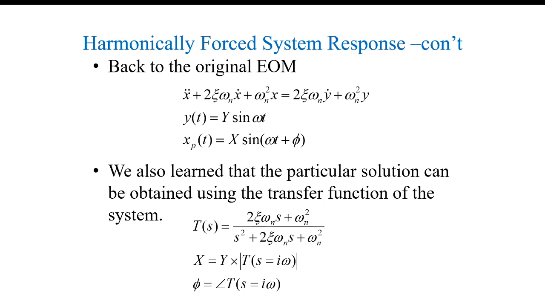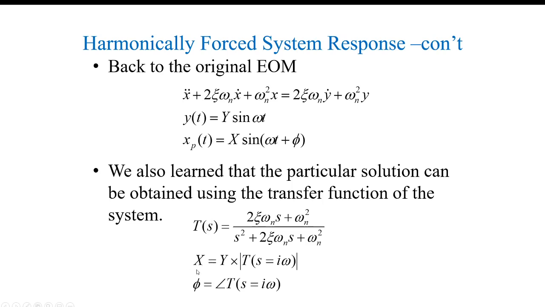Now we have a transfer function where the numerator is the right hand side of the equation and the denominator is the left hand side of the equation after the Laplace transform has been taken. So T of s is X of s divided by Y of s, the output over input.